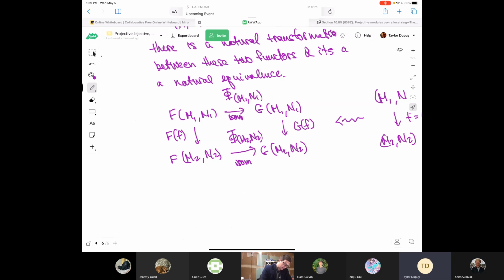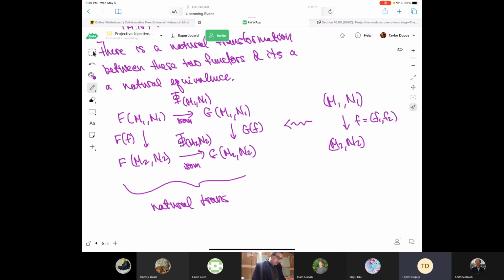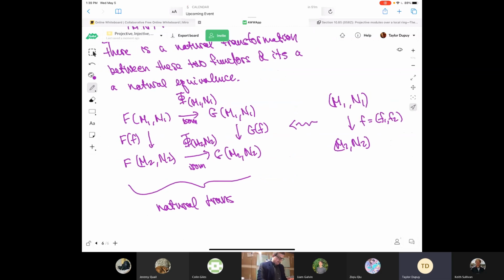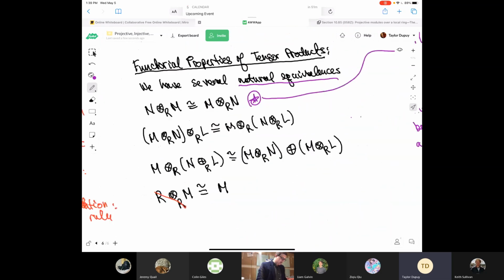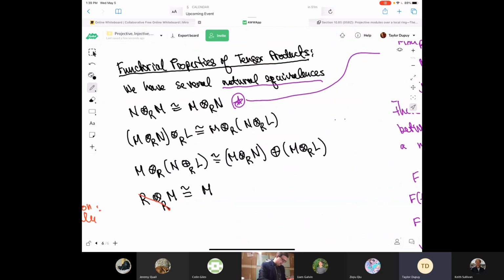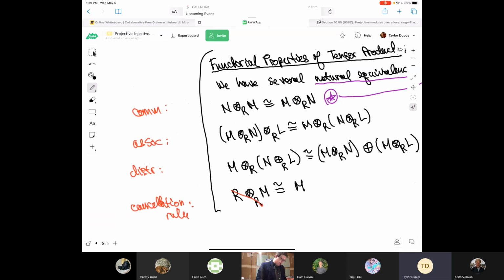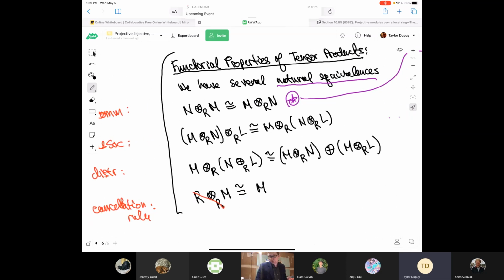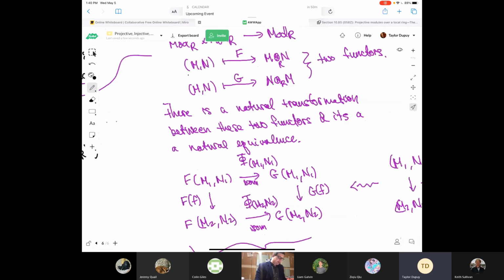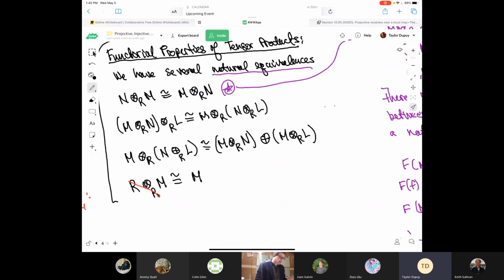I wrote down what a natural transformation is, just to remind you. All I'm saying is that not only do these properties hold, but they behave well with respect to morphisms. Sometimes you need that in proofs. It's a pain in the butt to check these, but technically you should. I'm not going to do it in class. Any questions on that?